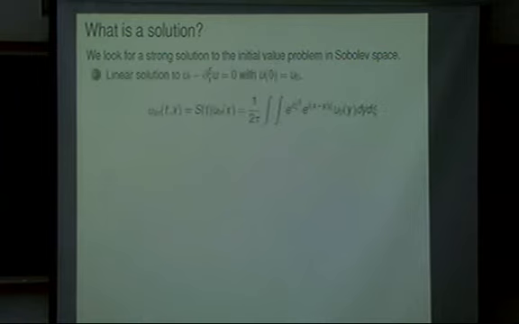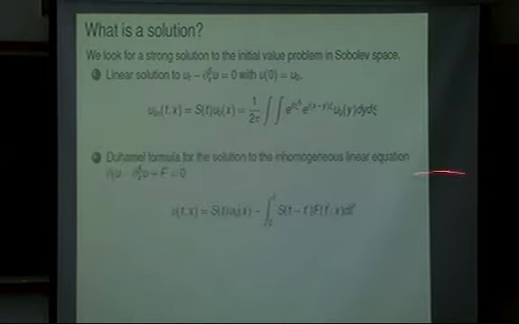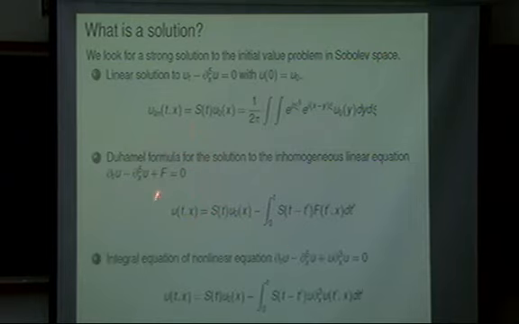Then, first of all, the linear solution is formulated by Fourier transform, and then when you have F, the inhomogeneous linear solution is given by the Duhamel formula. And then the solution we are looking for, when F is replaced by the nonlinear term, we are looking for the solution to satisfy these integral equations.